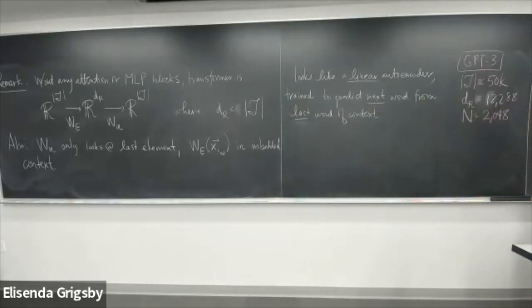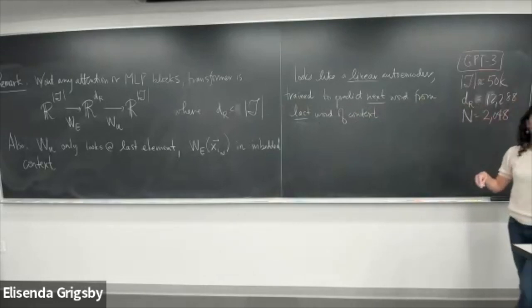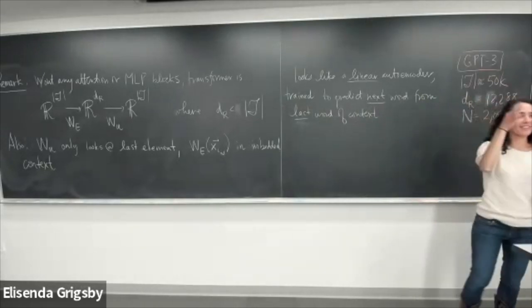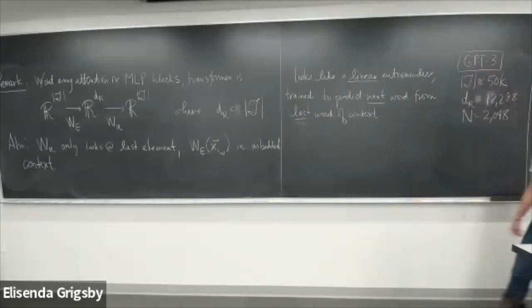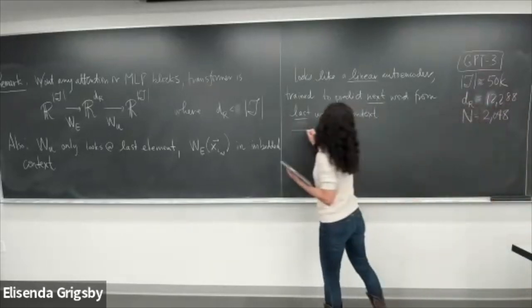So in other words, the way this would be said is that the ideal behavior of an attention and MLP-free transformer is to model bigram statistics. So n equals 2 n-gram statistics. It's just looking one token back.